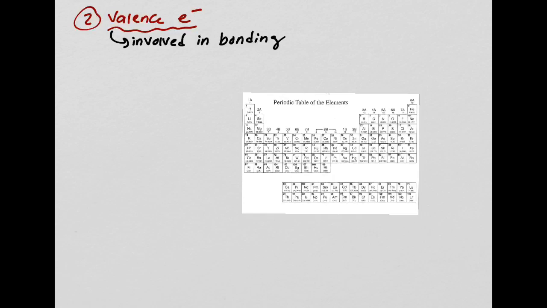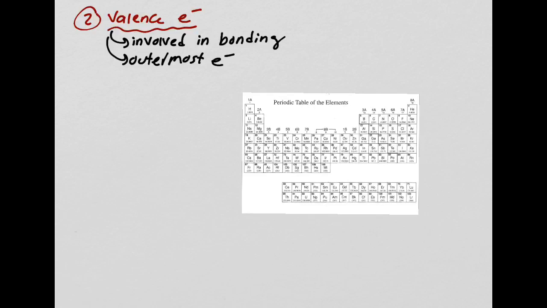Why? Because valence electrons are the outermost electrons. They're far away from the nucleus, and if you're far away from the nucleus, you can't feel the plus charge anymore, so it's easy to play around.